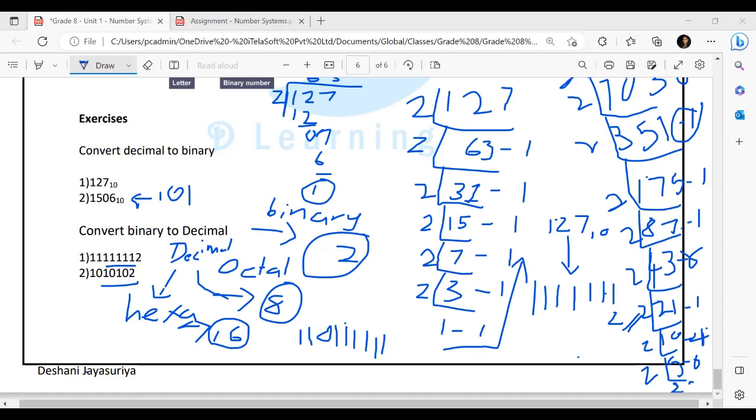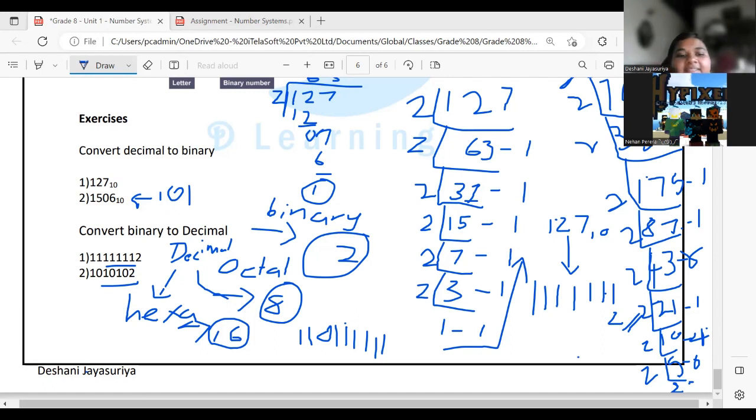So we are actually not using these now, right? We are using only hexadecimal now to convert things, right? We can't go other than that.